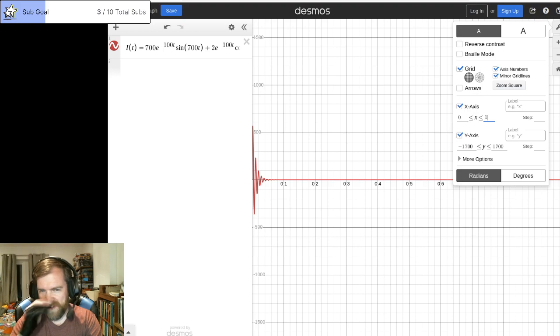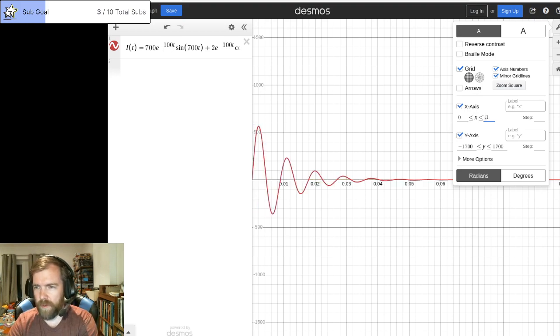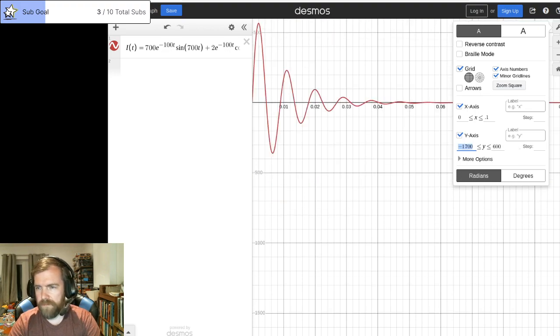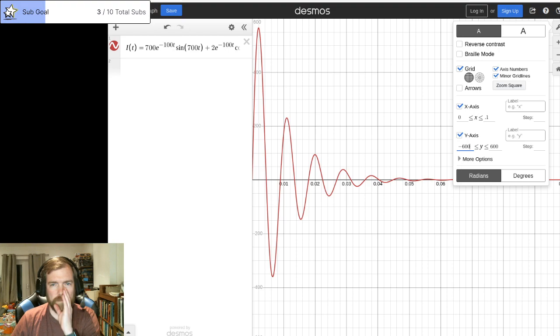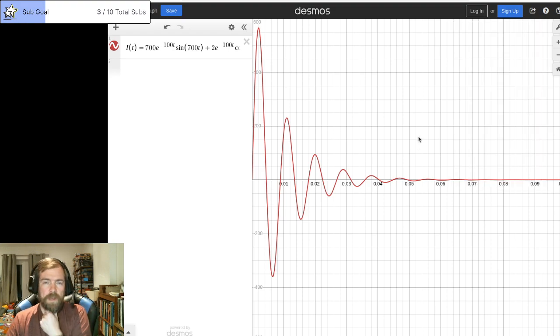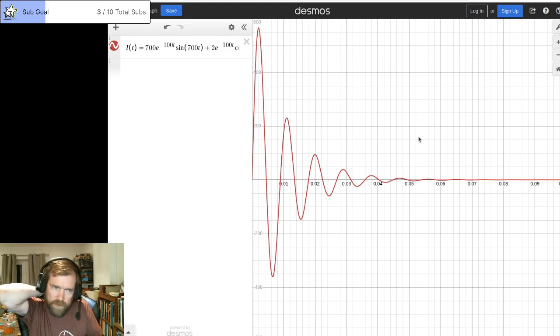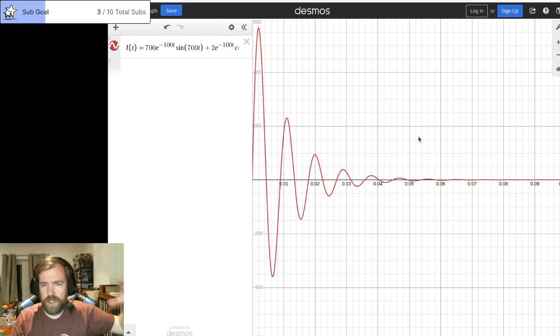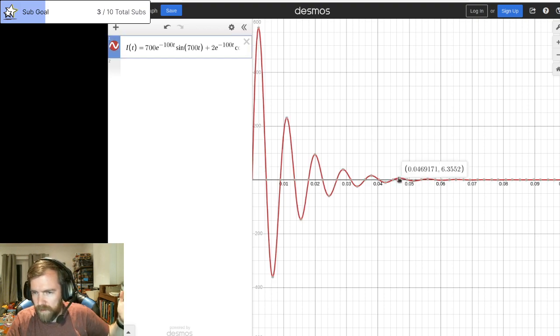X goes from 0 to, even like 0.1. And this is not even 600, so that's good. So we have here 1/10 of 1 second, and once the switch is thrown on this particular electrical device, here we had 6.3.